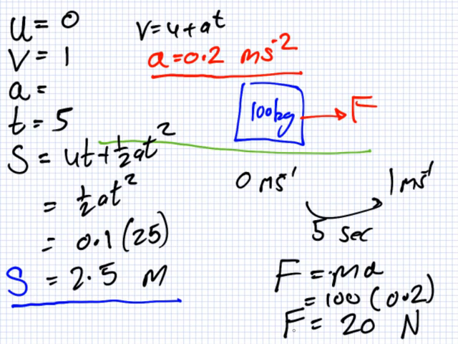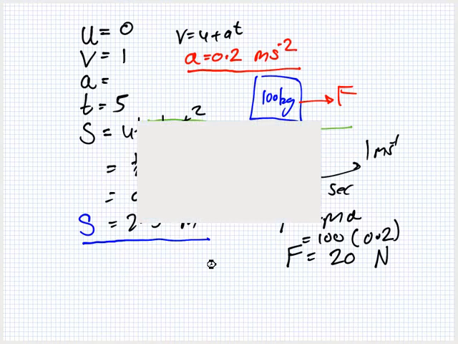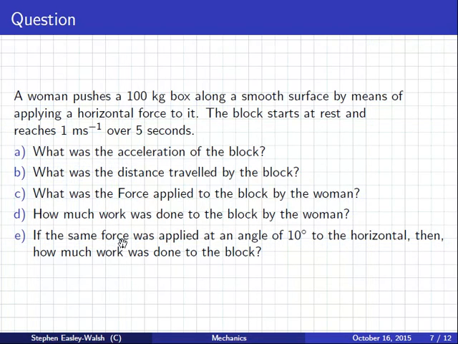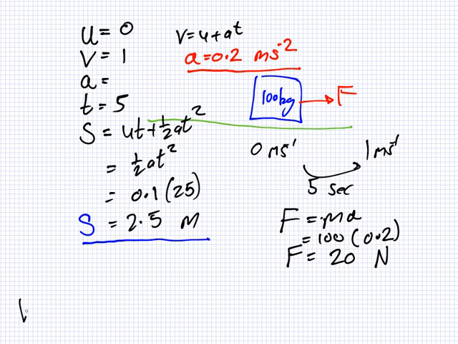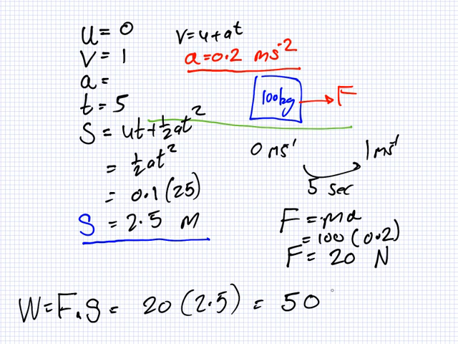So the last part you can probably guess is the work. Well, not last part yet. Work is force multiplied by distance, which is 20 multiplied by 2.5, which is 50. 50 joules. Newton meters, yes, thank you.